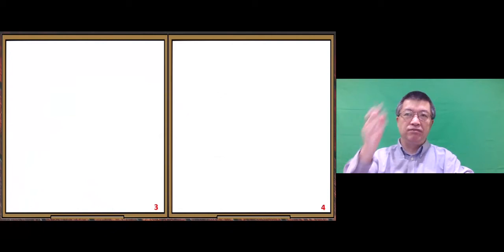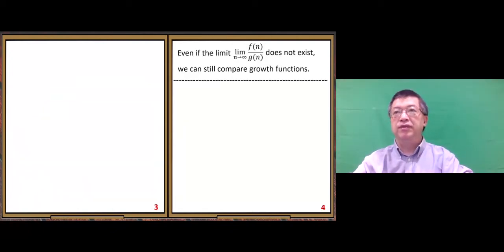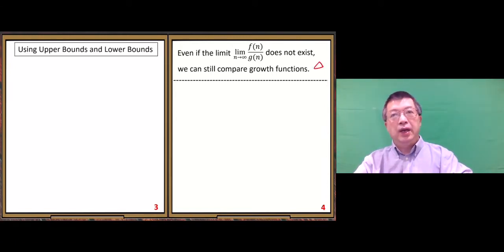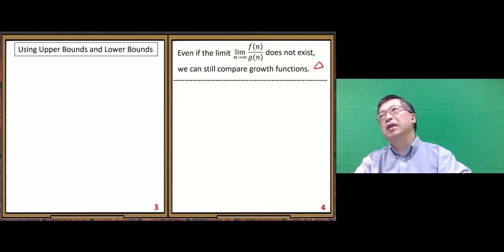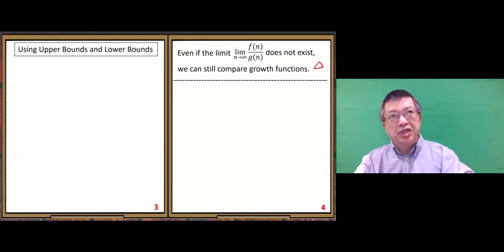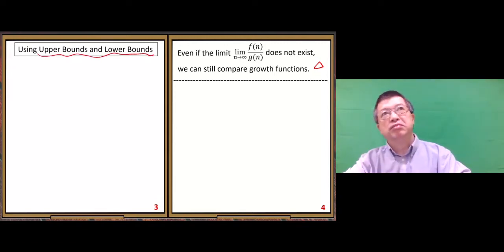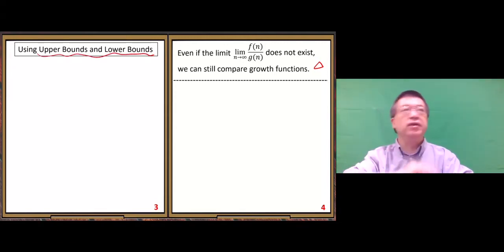So let's look at the slide. This is the situation we have so far. The solution is using upper bounds and lower bounds. When the limit method does not work, we can use upper bounds and lower bounds to replace the limit method.